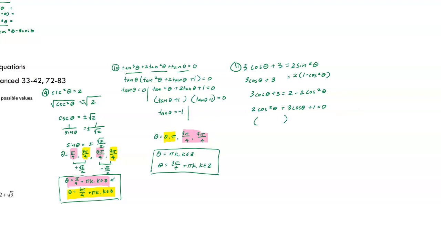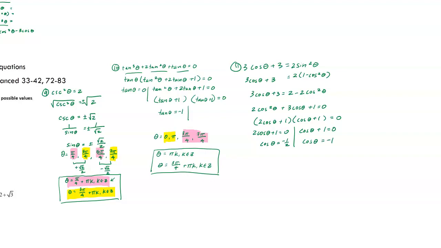So you're going to get 2 cosine of theta and a cosine of theta, the same signs and a 1 and a 1. That's going to produce a 3 in the middle because 2 times 1 plus 1 is 3. Go ahead and do 2 cosine of theta plus 1 equals 0, and cosine of theta plus 1 equals 0. So cosine of theta equals negative 1/2, and cosine of theta equals negative 1.